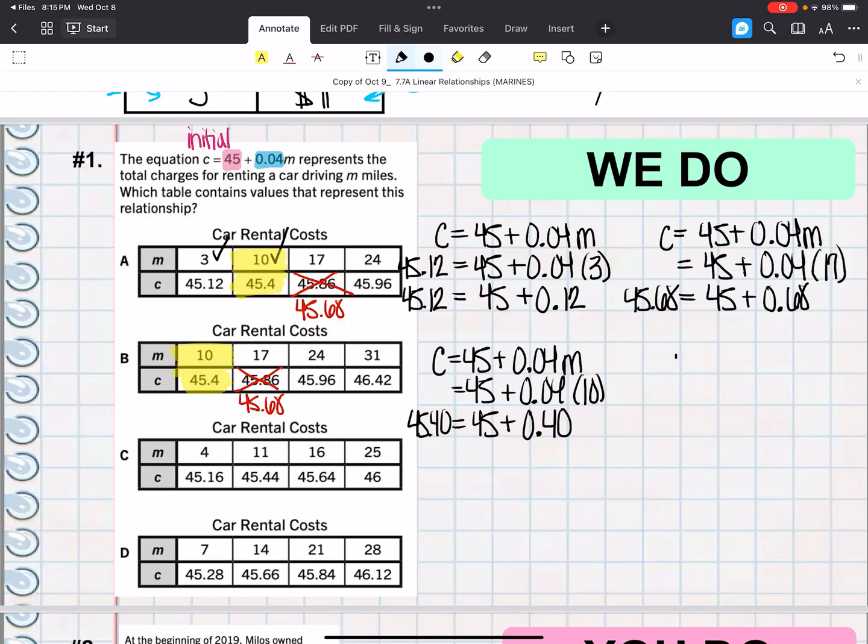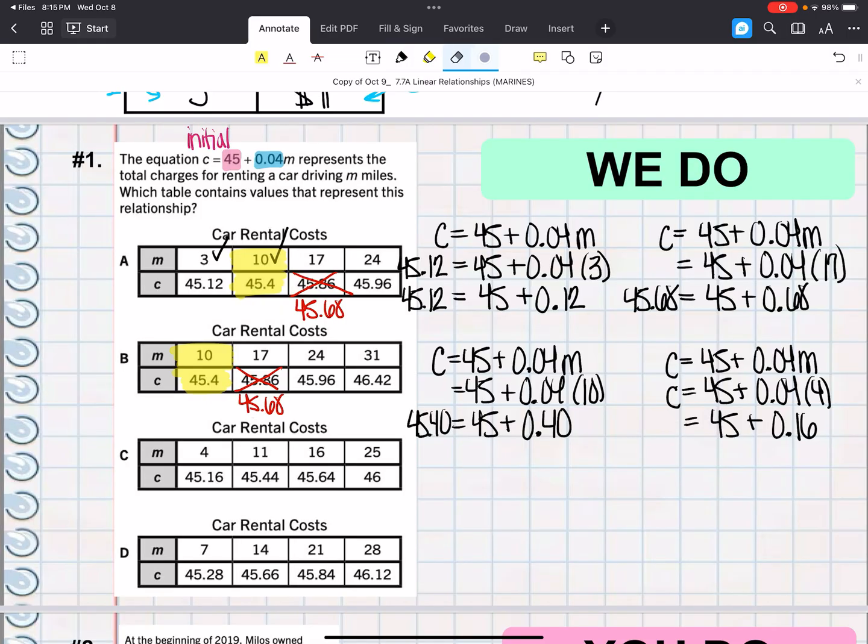Same thing again. Replacing m, the number of miles, with 4 this time. And then 4 cents times 4 gives us 16.